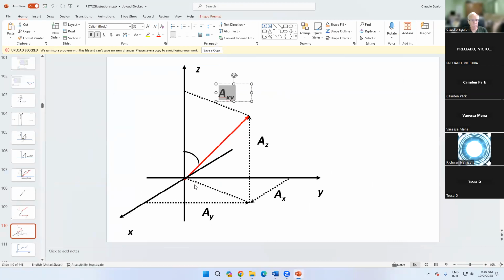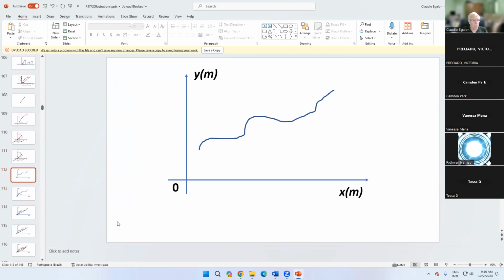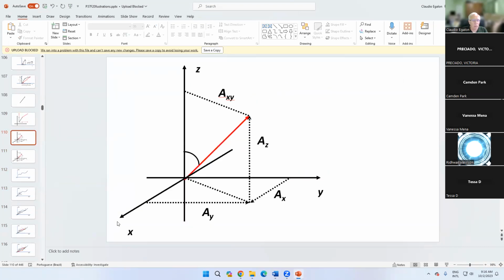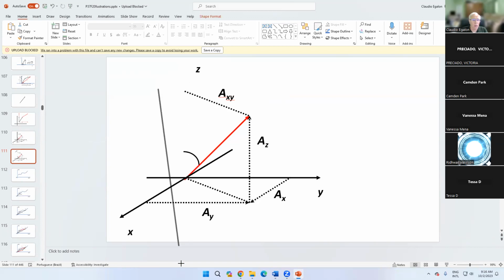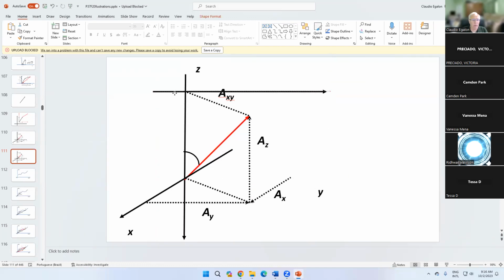Okay, so here we go. Suppose I'm looking from the top, looking into the z-axis, right? You're going to see the x and y axis like that.